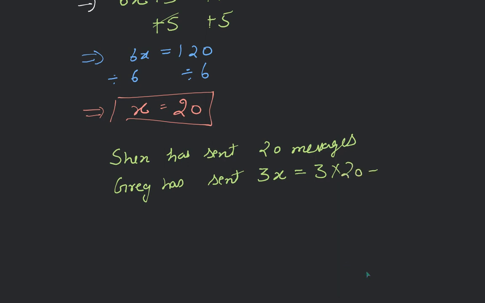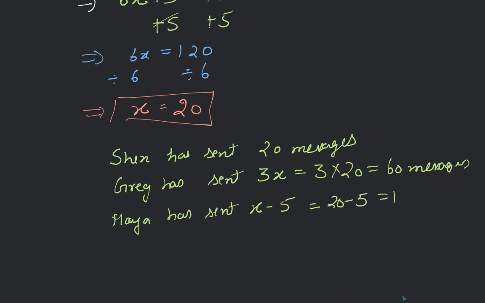So 3 times 20 is 60 messages. And the last person, Mary, has sent 5 fewer messages than Shen, which means it is x minus 5. So x minus 5 is 20 minus 5, which is 15 messages.